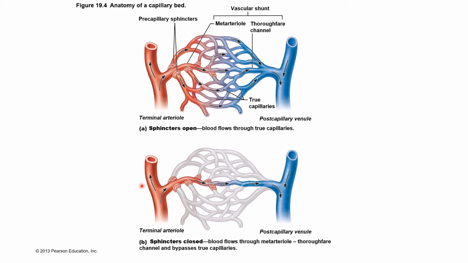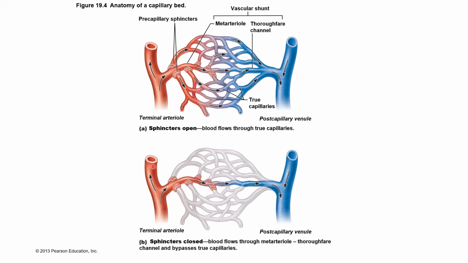And from there, it's going to enter into the thoroughfare channel and then drain into the post-capillary venule. When you don't have any blood entering into those true capillaries, you're going to skip that exchange. You're not going to have exchange between your capillaries and your tissues.